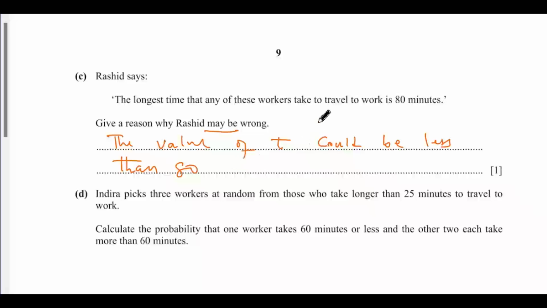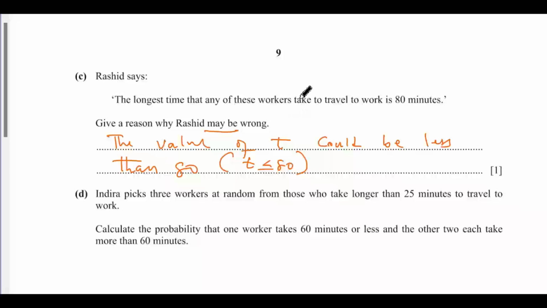If the value of t could be less than 80, that means it will be wrong. Because t is either less than or equals to 80, there is a possibility that t will be less than 80 and it will be wrong. But if t is equals to 80, then it will be right.